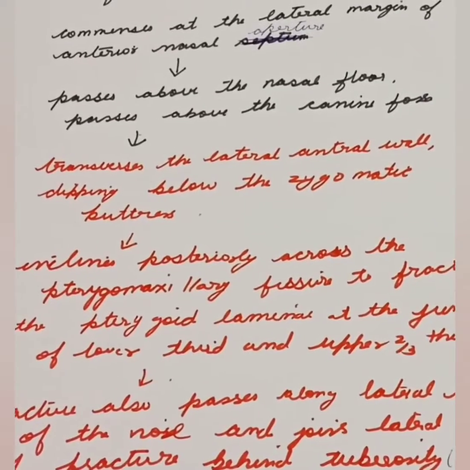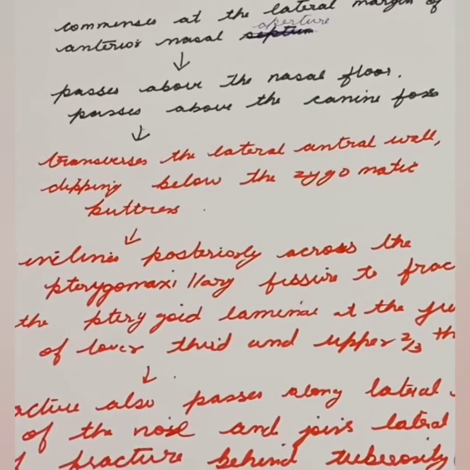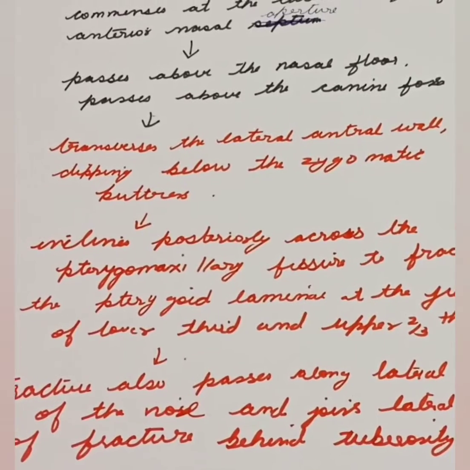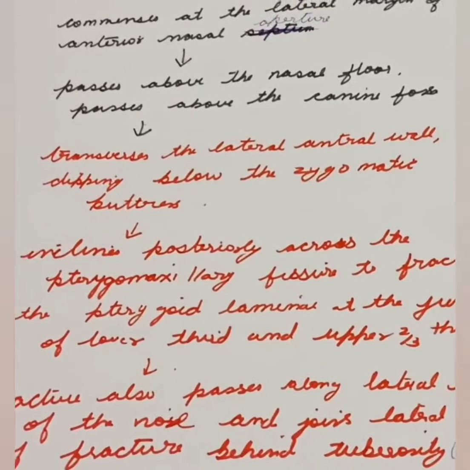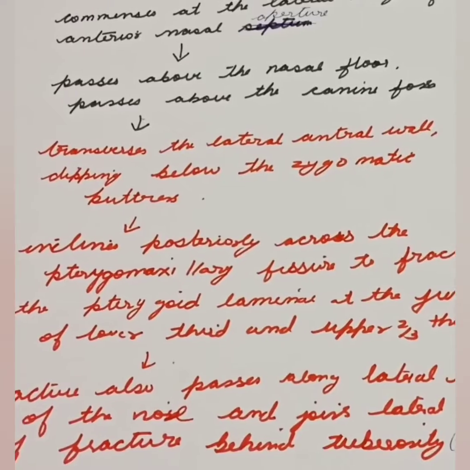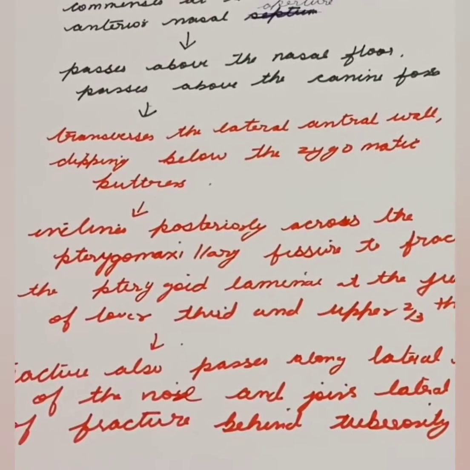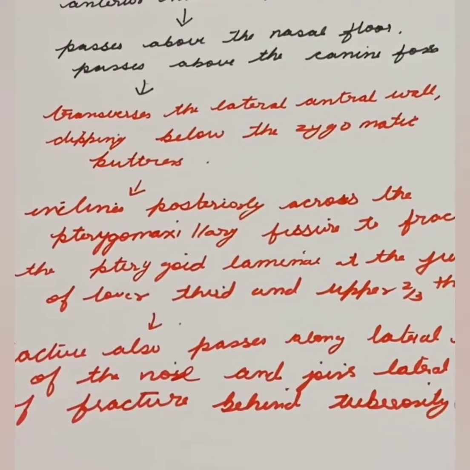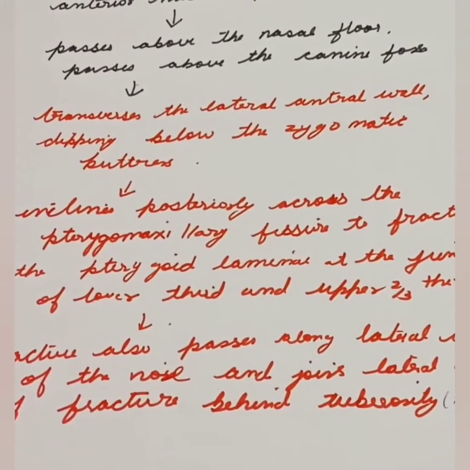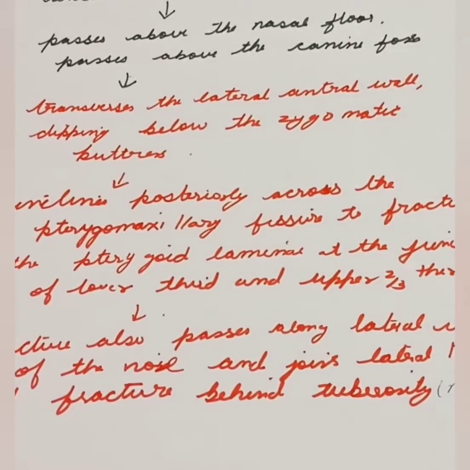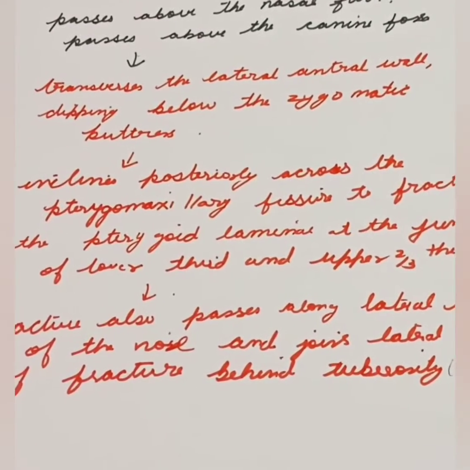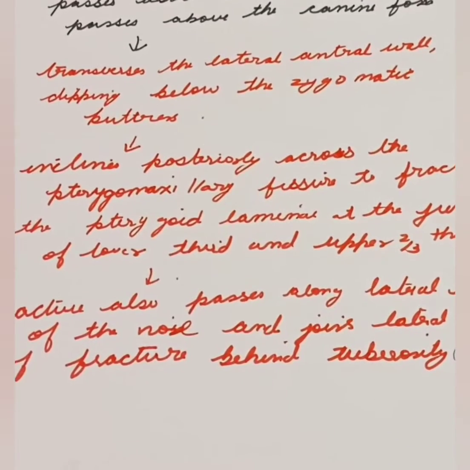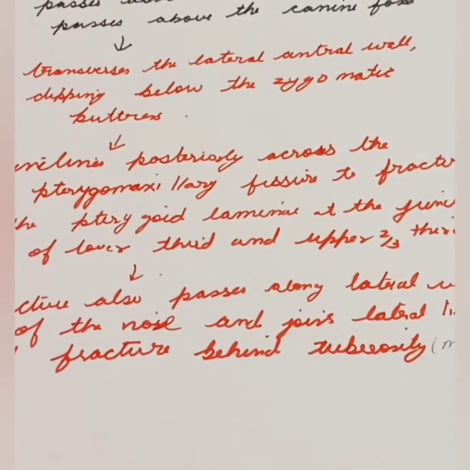The fracture commences at the lateral margin of the anterior nasal aperture and passes above the nasal floor, above the canine fossa, and it traverses the lateral antral wall, dipping below the zygomatic buttress. Then it inclines posteriorly across the pterygomaxillary fissure to fracture the pterygoid lamina at the junction of the lower third and the upper two thirds. The fracture also passes along the lateral wall of the nose and joins the lateral line of the fracture behind the maxillary tuberosity.